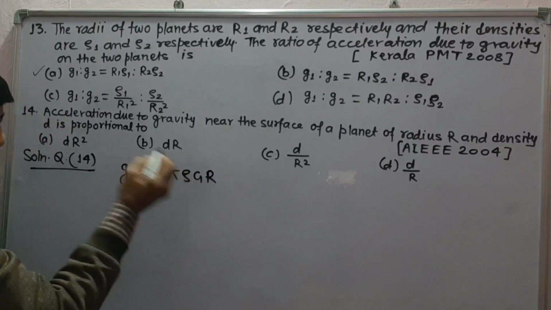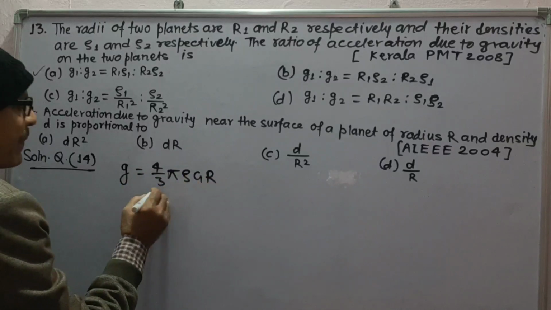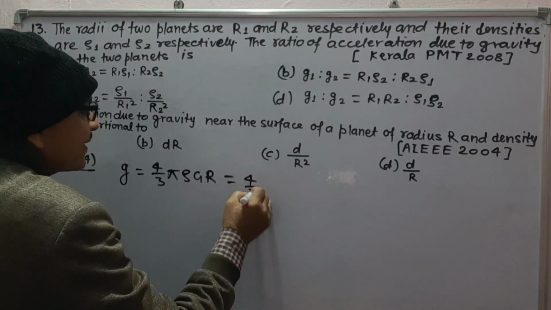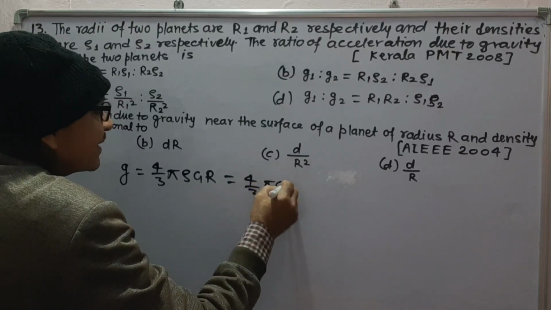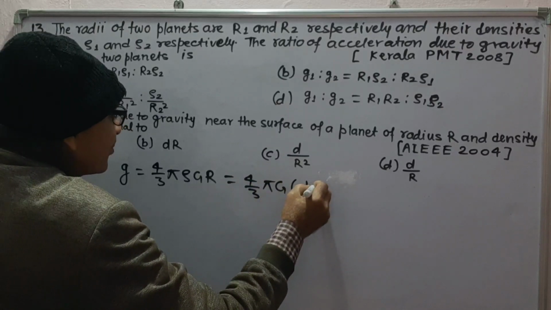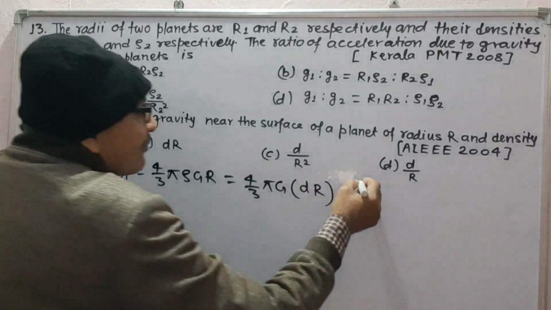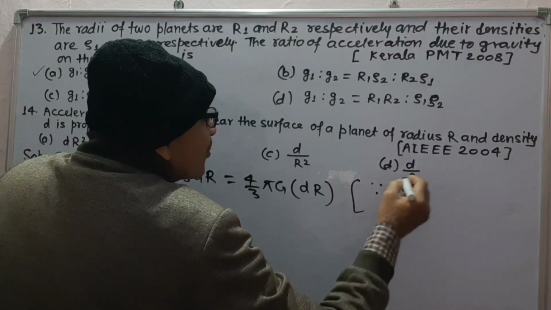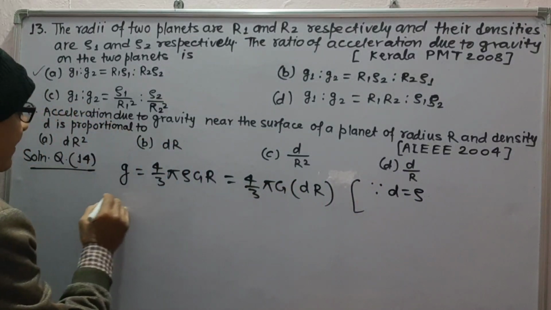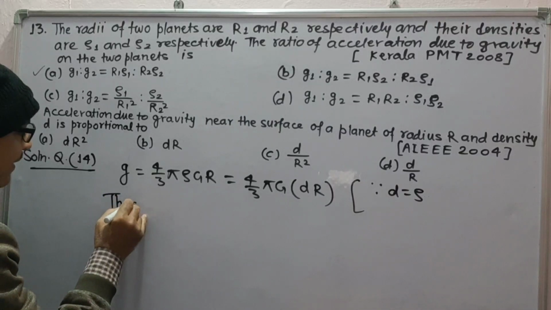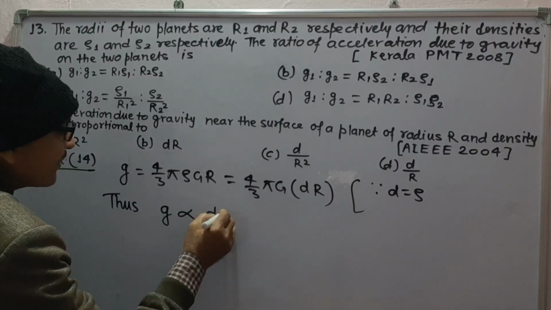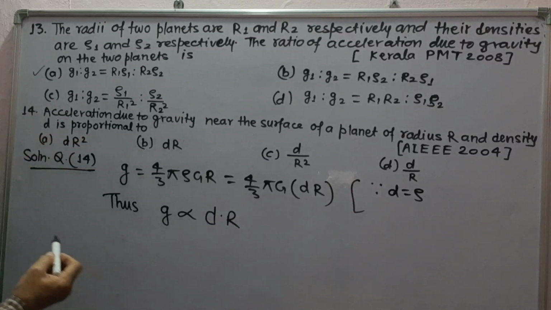Here rho is density which is given to be d, so it becomes 4 by 3 pi g d into r, because d is equal to rho is equal to density in this case. Thus g is proportional to d into r, so the correct option will be B.